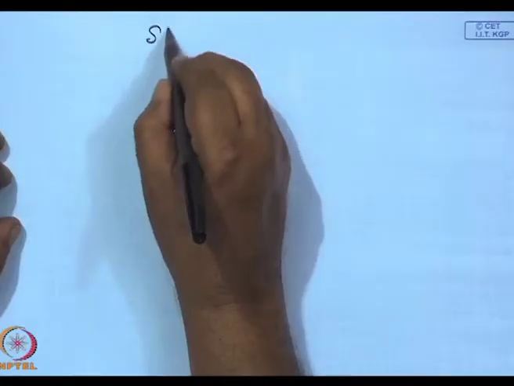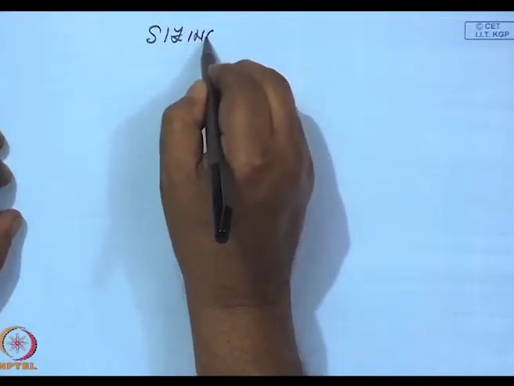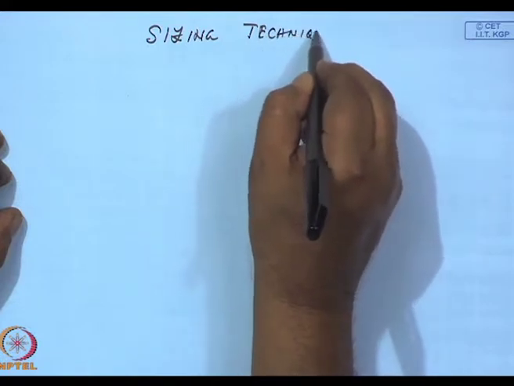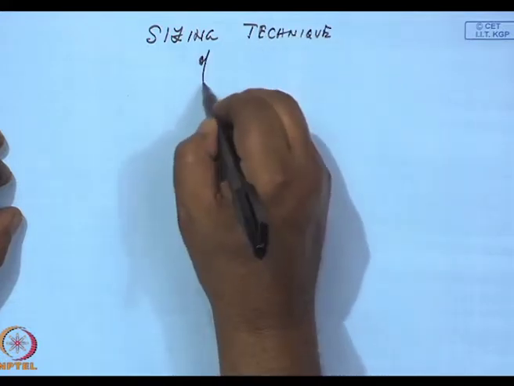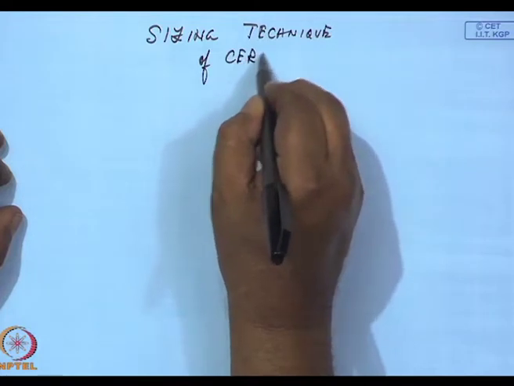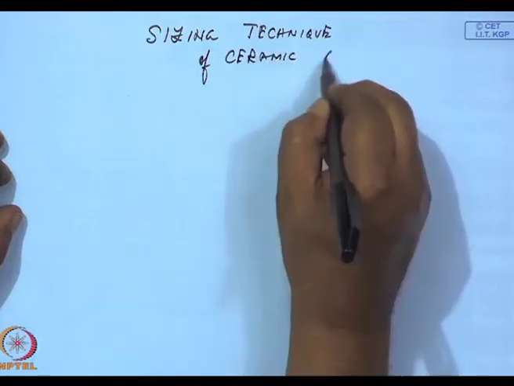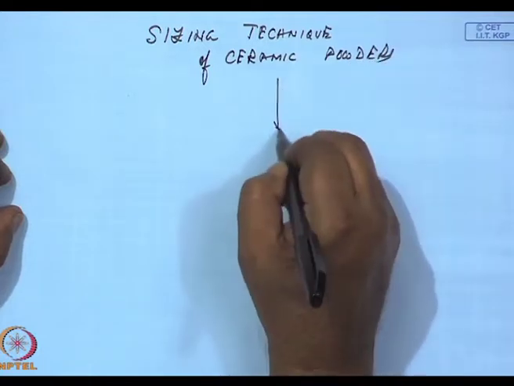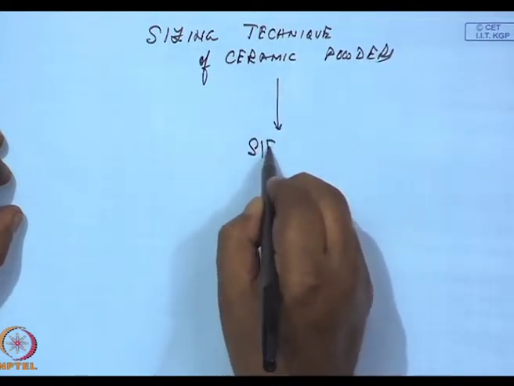So, now the crudest but very effective sizing technique of ceramic powders is sieving.